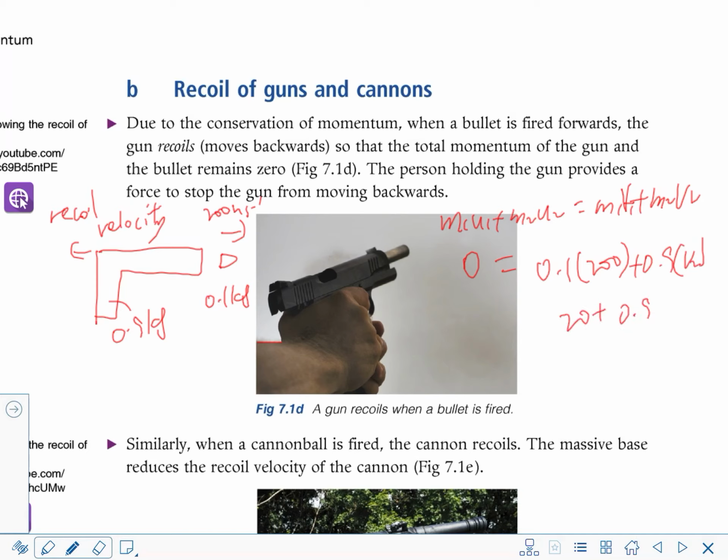So 20 plus 0.9 v2 equals 0. So v2 will be equal to minus 22 m/s. We can find the recoil velocity, and the negative value means left, because we take right as positive.